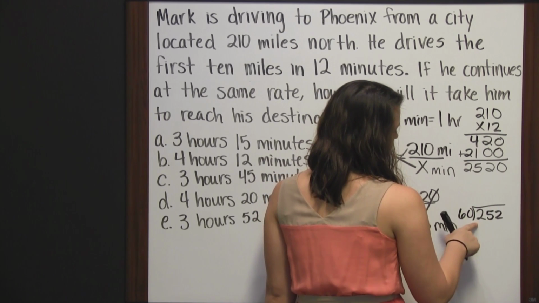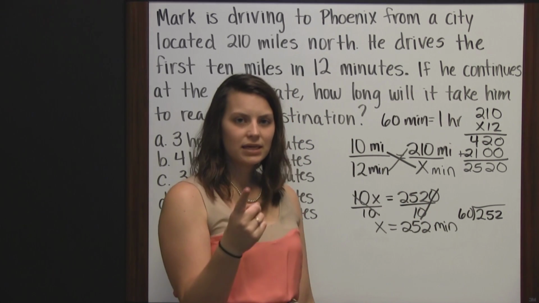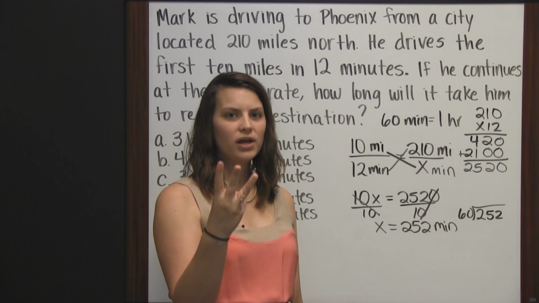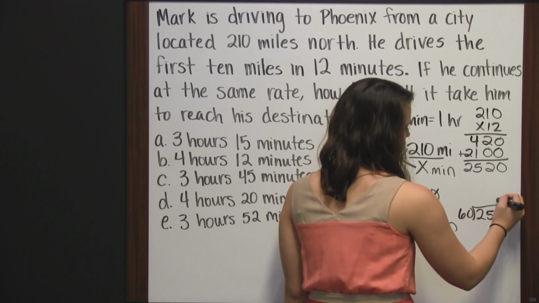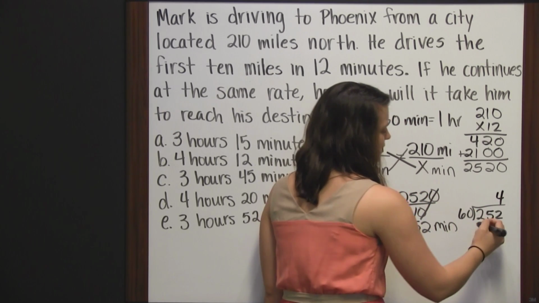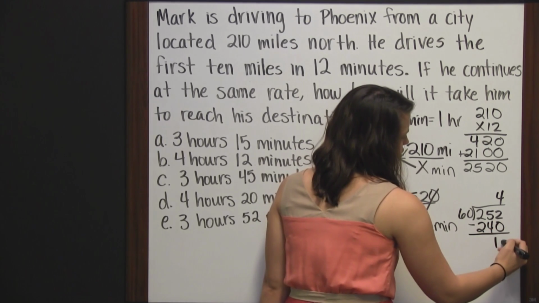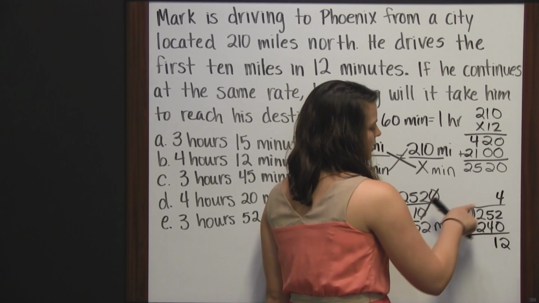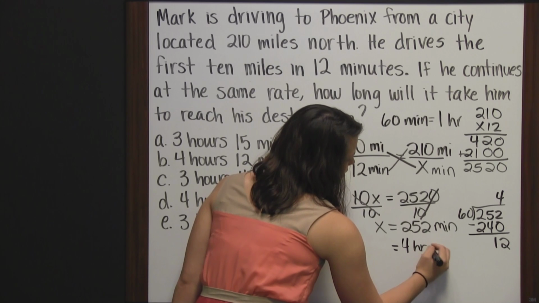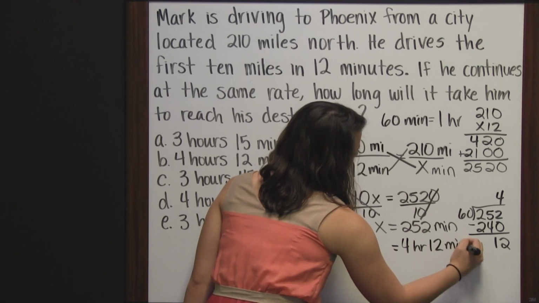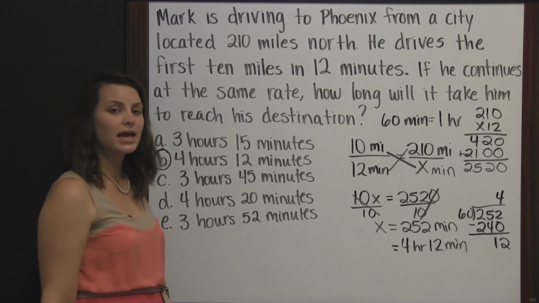So 60 does not go into 25. 60 goes into 252. 60, 120, 180, 240. So 4 times, because 4 times 6 is 24, and 4 times 60 is 240. We subtract, and we get 12 left over. So that means 252 minutes is 4 hours and 12 minutes left over. So that is answer choice B, 4 hours and 12 minutes.